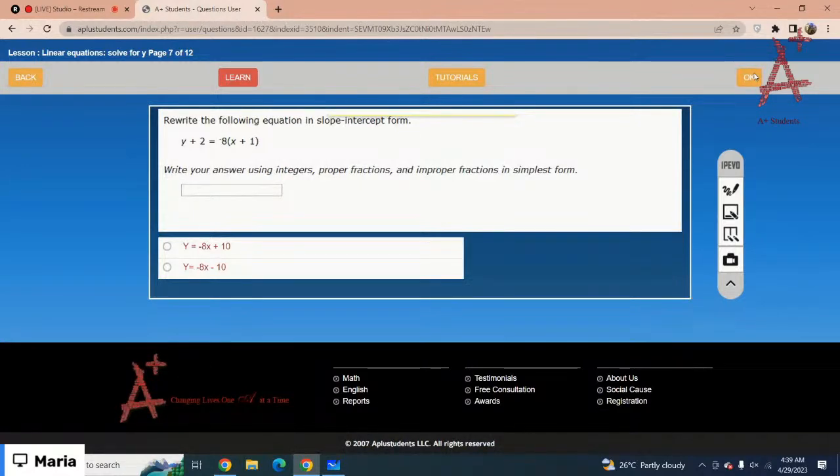Next, y plus 2 equals negative 8 times x plus 1. So which is the correct option? That would be the second option, y equals negative 8x minus 10.